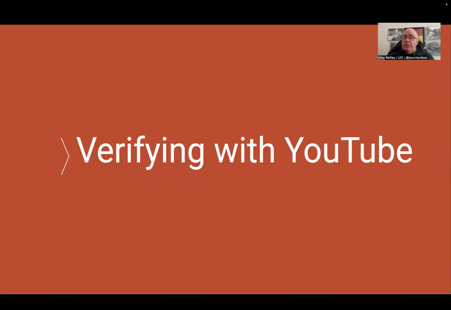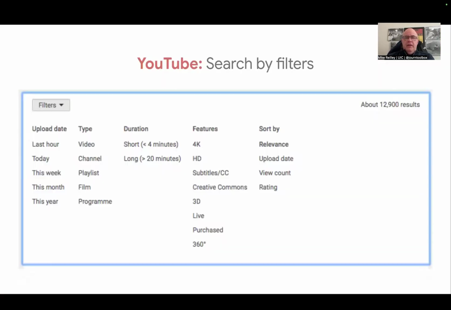Verifying video with YouTube. You can search by filters, filter out various topics. You can do a little filter pull down menu and it gives you some data about the video. Was it updated today, the last hour, this week? The duration.